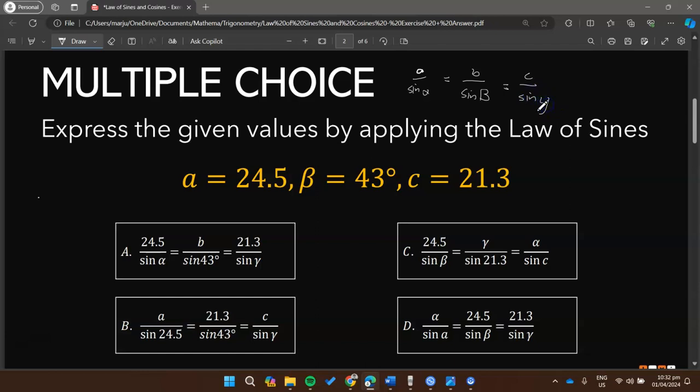So in this example we are given the side A, and then the angle beta, and then the side C.